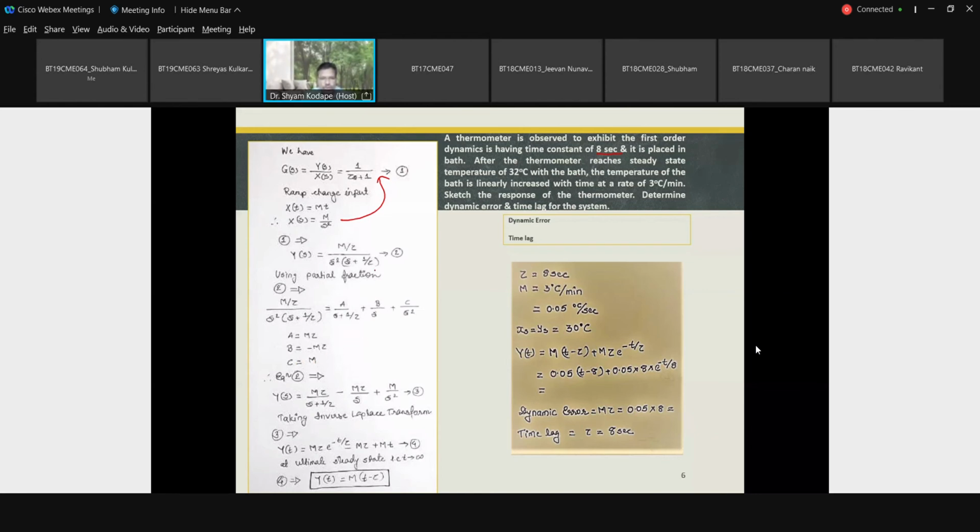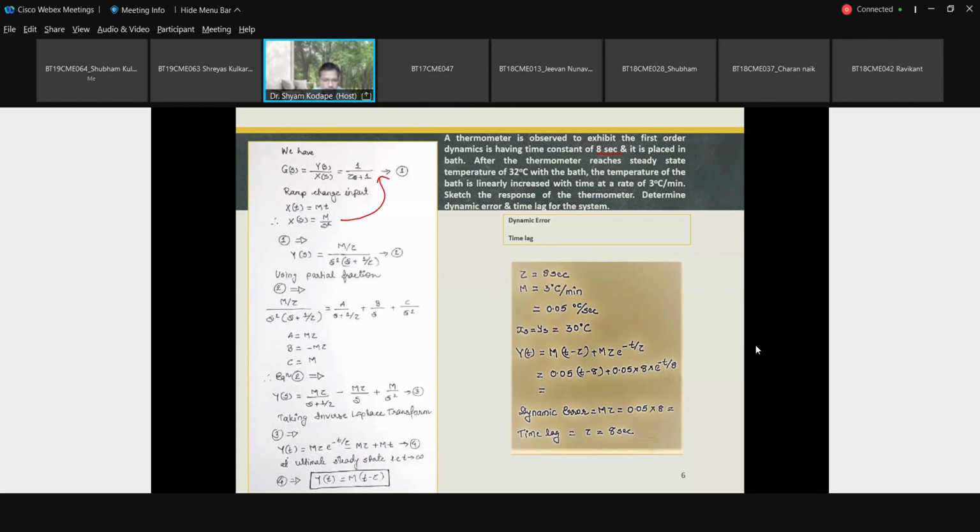So equation 2 in the separated format will be like this, as equation number 3. If you observe, s plus 1 upon tau, 1 upon s, and 1 upon s square, we can easily take the inverse Laplace. So taking inverse Laplace of equation number 3 on both sides, y(t) is equal to m tau e raised to power minus t by tau, minus m tau plus mt, will be our inverse Laplace equation.